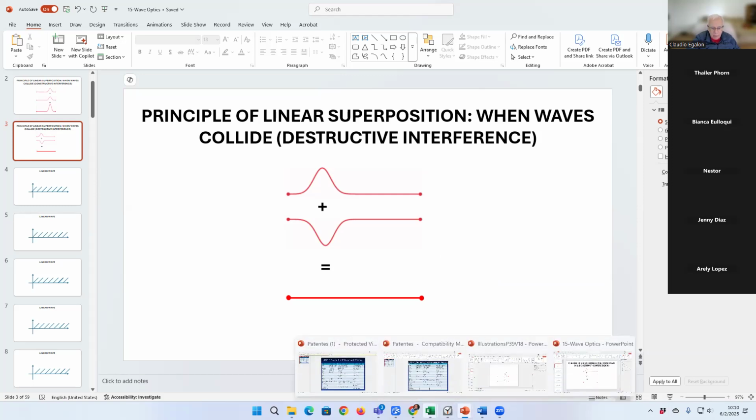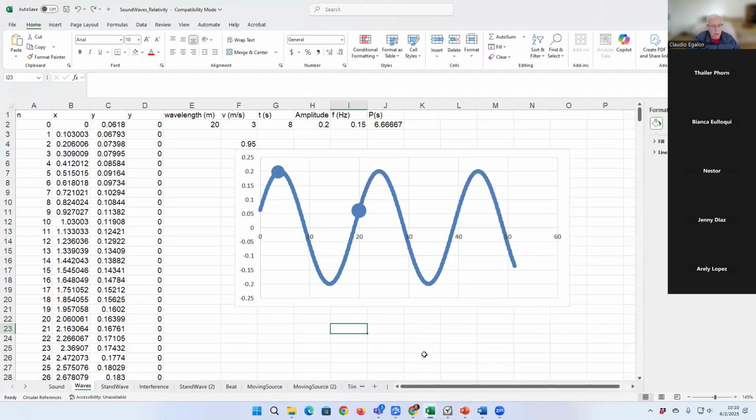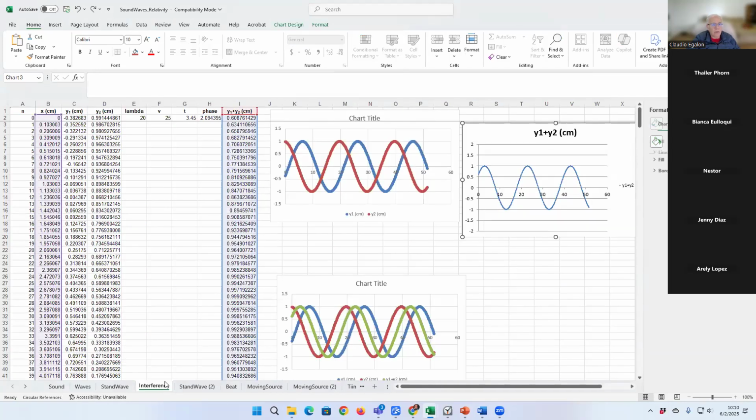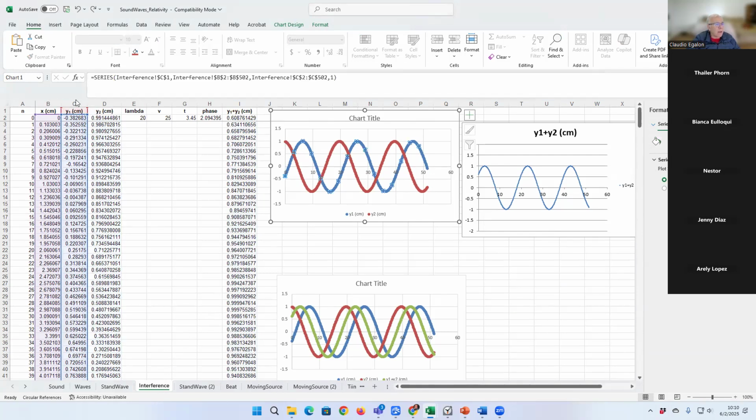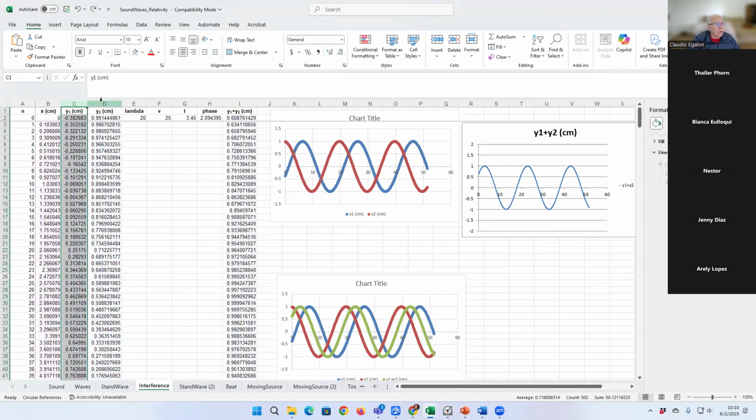I have a simulation here, interference. Let's see how I'm going to do that for you. Here we have two waves, wave number one and wave number two. And I'm going to sum up those two waves to see what happens to the resulting wave.